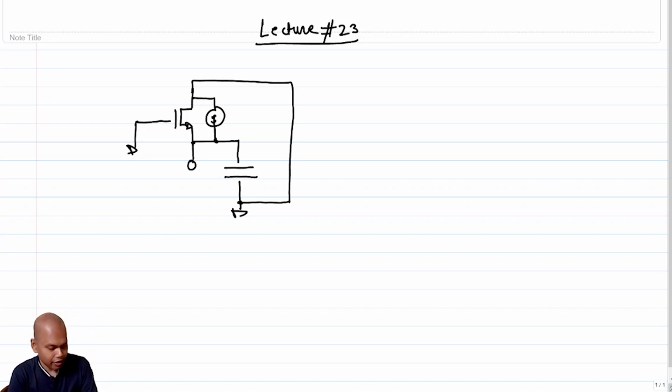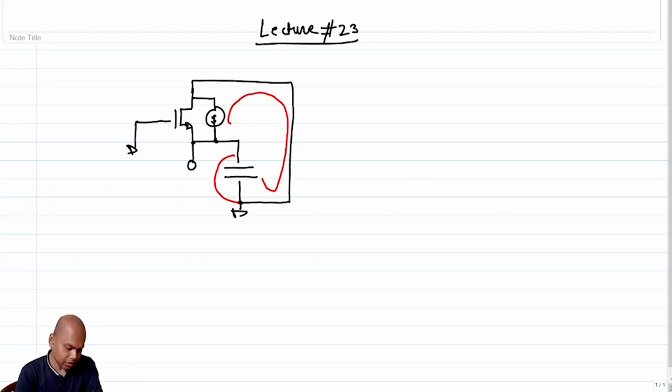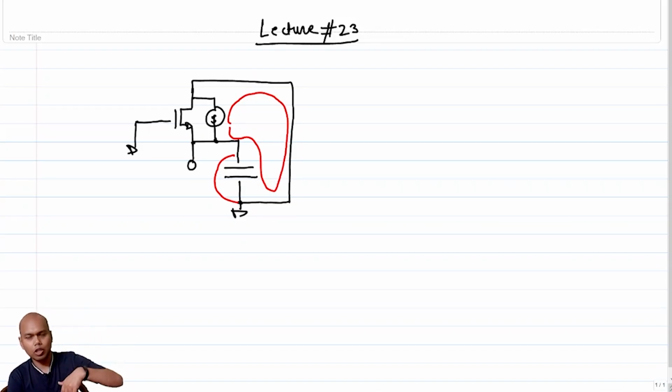Let's say at infinite frequency, what happens? At infinite frequency, this capacitor is shorted, so the entirety of the noise flows through the output short circuit, comes back and goes into the current source. The entire gm is bypassed, right? At infinite frequency, your transistor gets bypassed, right?